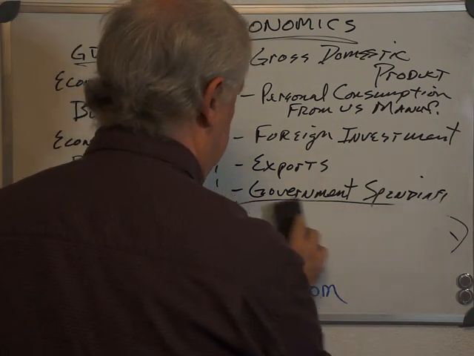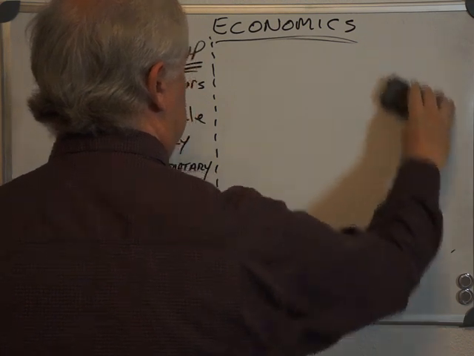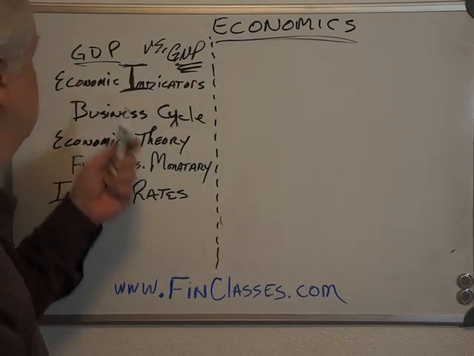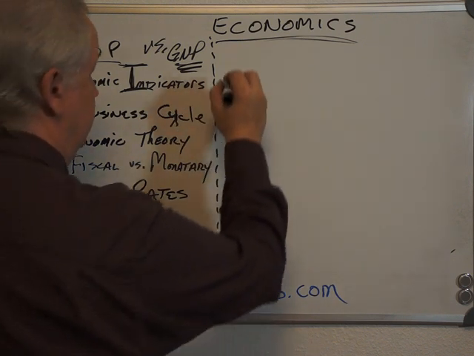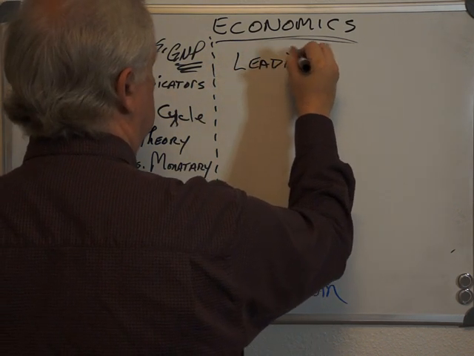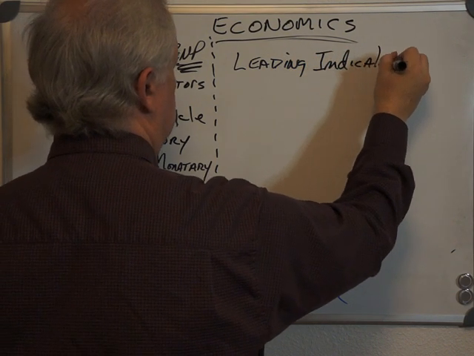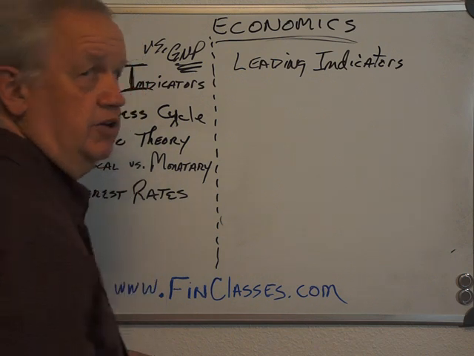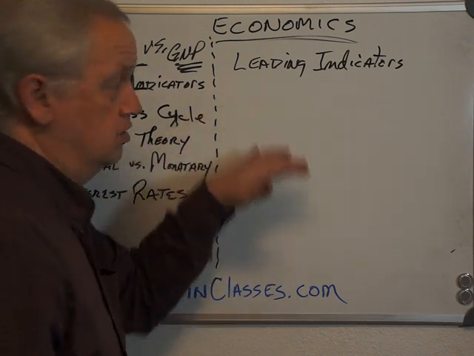Let's also take a look at the next topic. I want to talk to you about economic indicators. Okay. There's leading indicators. You should be following in your book or writing this down in some format. But I'm not going to list all of them.